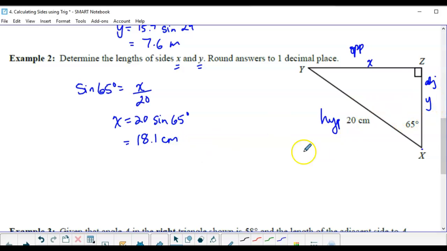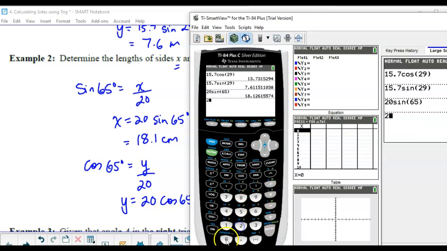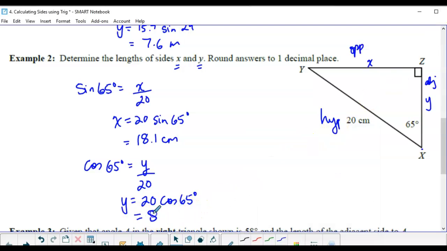And then adjacent is y, so that's going to be cosine. Cosine of 65 is adjacent over hypotenuse. So y equals 20 cos of 65, and that's 8.5 when we round it.